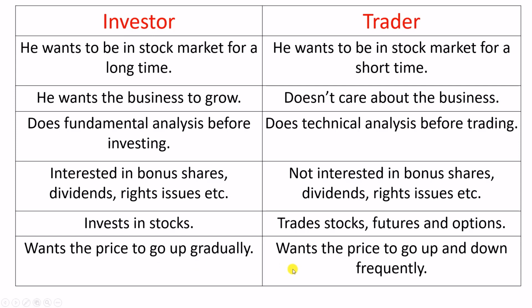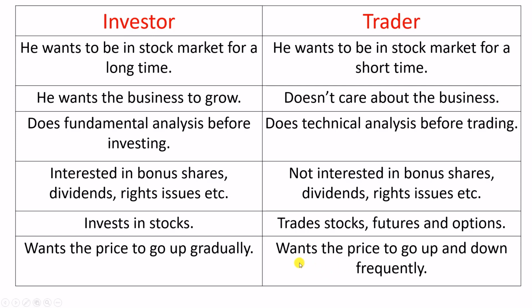Whereas the trader wants the price to go up and down frequently. That is how he is going to make money. He buys low, sells high, or sells high, buys low. So if there is no fluctuation in price, or what we call volatility, then the trader is not going to make any money.